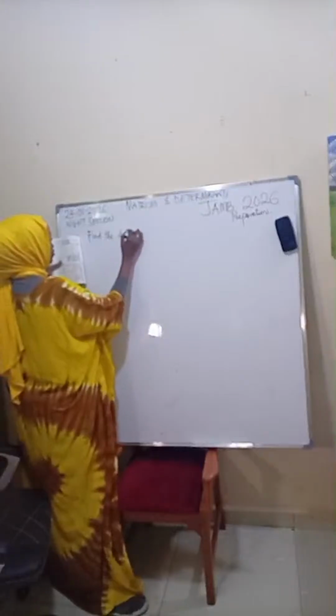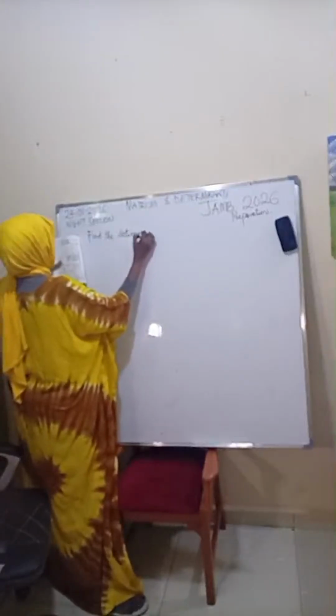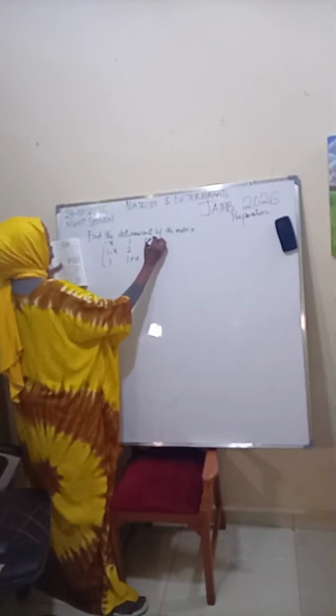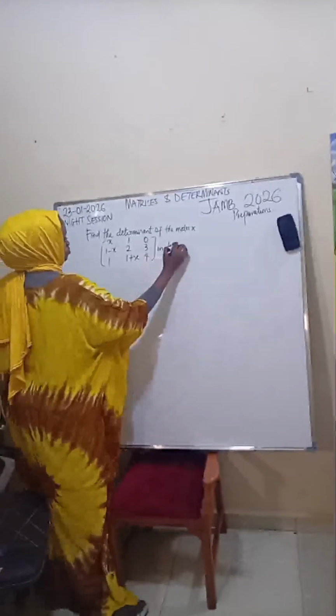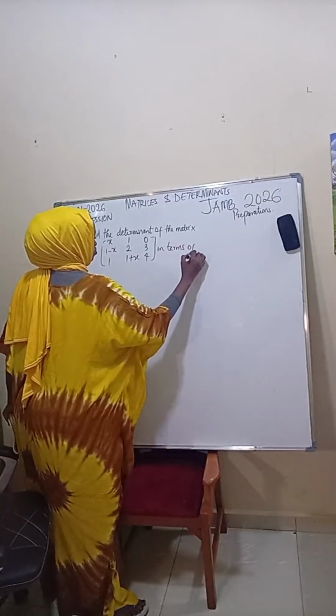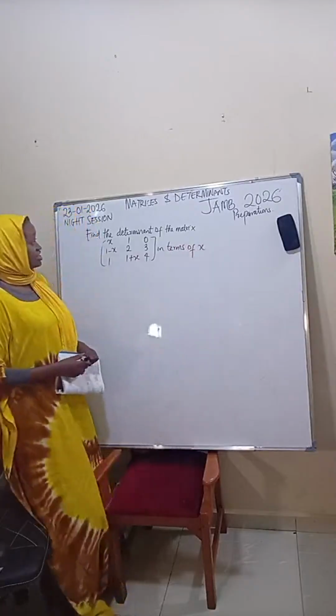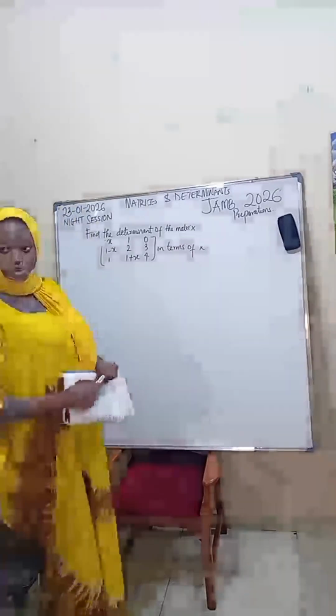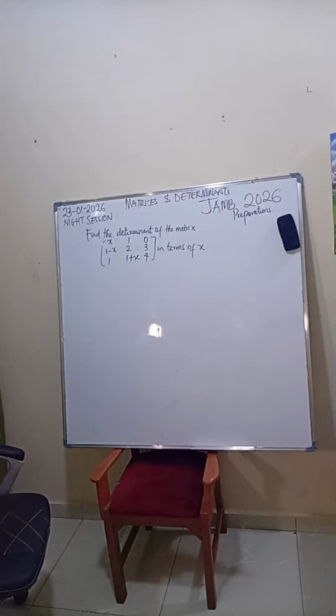But let me write the question first. Find the determinant of the matrix in terms of x. Should I drop the options? Yes or no? I drop the options.